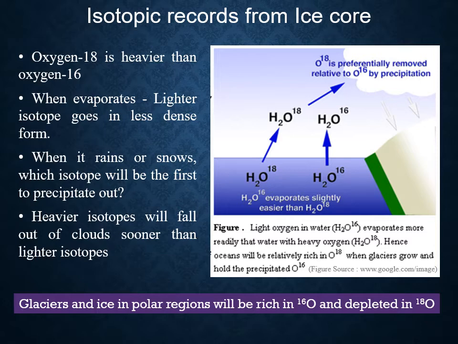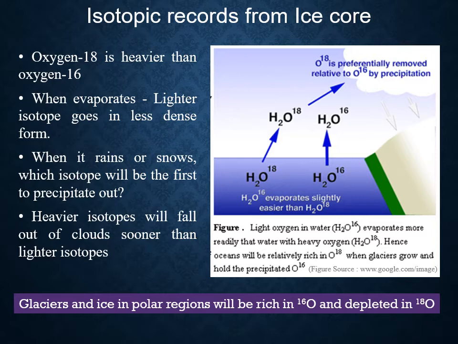So both isotopes are evaporated, but the lighter isotopes will always prefer to go to the less dense form. So as water vapor is less dense, O16 preferably goes to the vapor state. So you can see there is a fractionation that occurred between the liquid water and the water vapor.